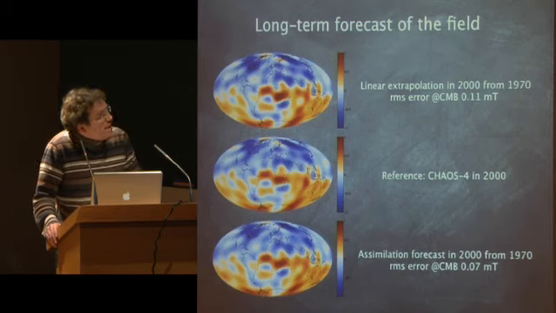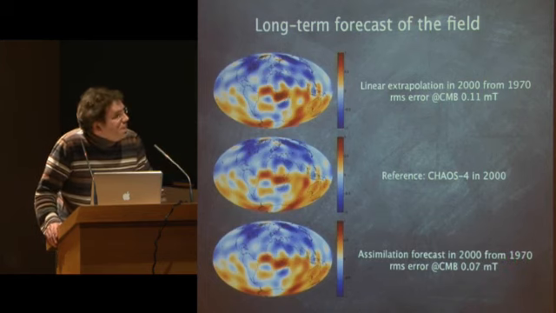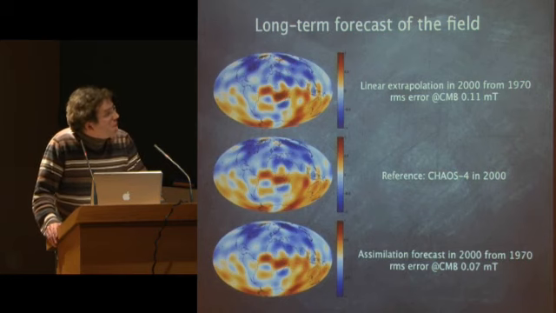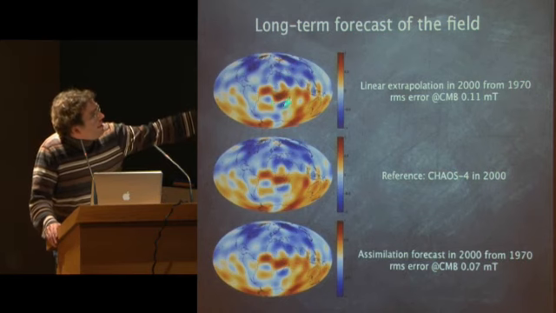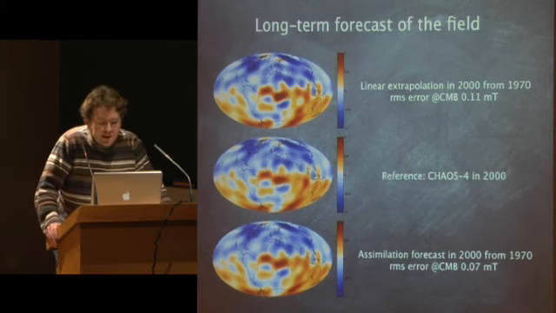And what you see is that in this case, you get a significant improvement in your forecast quality. For instance, this equatorial patch of the magnetic field here is grossly overestimated, and much less so here, and same for the magnetic field patches here, which are much better predicted here.